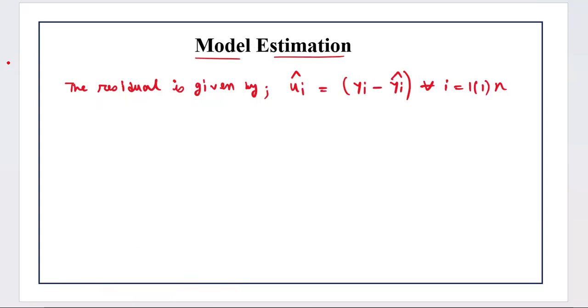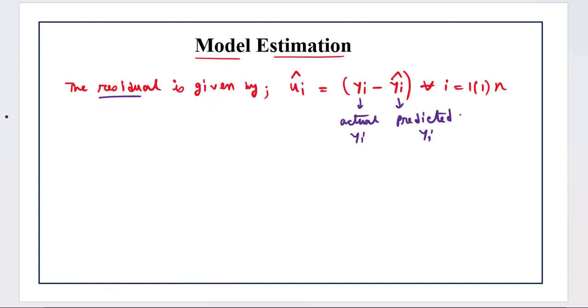So the residual is basically the actual values of the dependent variable minus the estimated values, and estimated means the predicted values. This is the actual value and this is the predicted value. So this difference will give you the residual of your model. Residual is the estimated error, right?